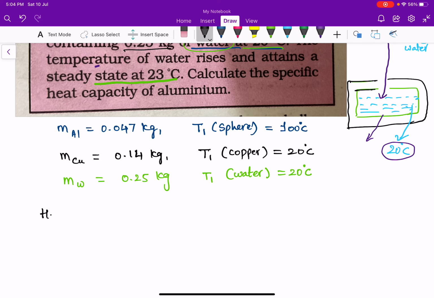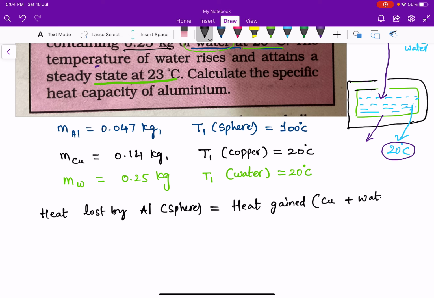Heat lost by, who is losing heat? Heat lost by aluminum sphere is equal to, who is gaining this heat energy? Heat gained by copper calorimeter and water.